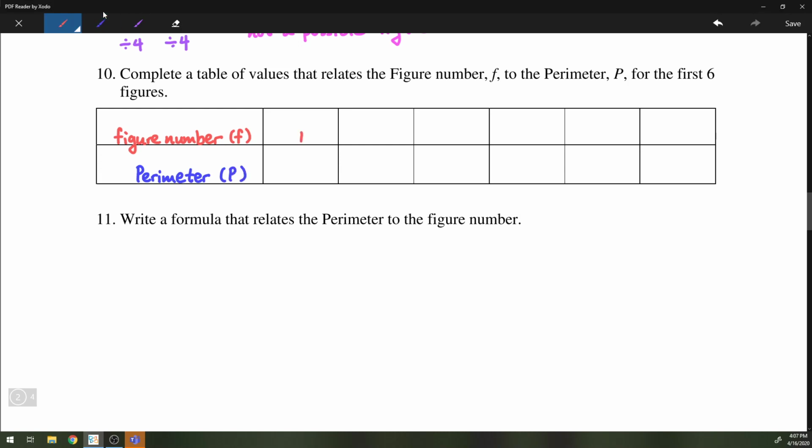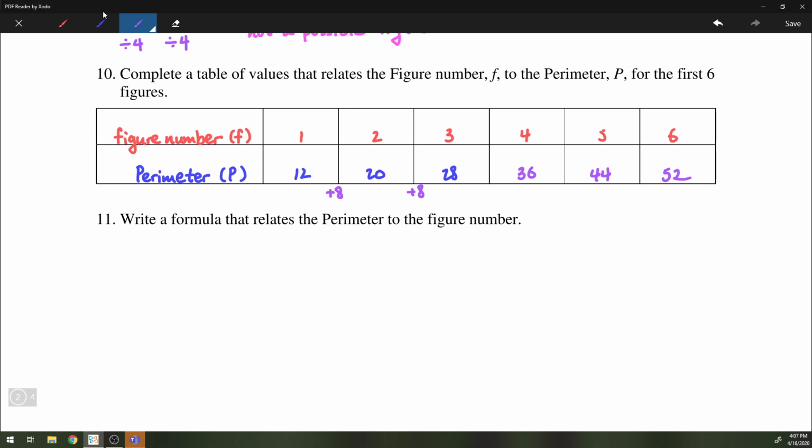Again, for the first 6 figures, so 1, 2, 3, 4, 5, and 6. We start at 12. 12, 20, 28, and you will notice at this point that the common difference is 8. So of course the last three here will be 36, 44, and 52.